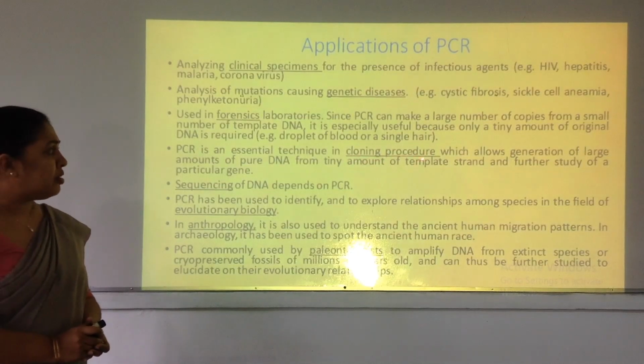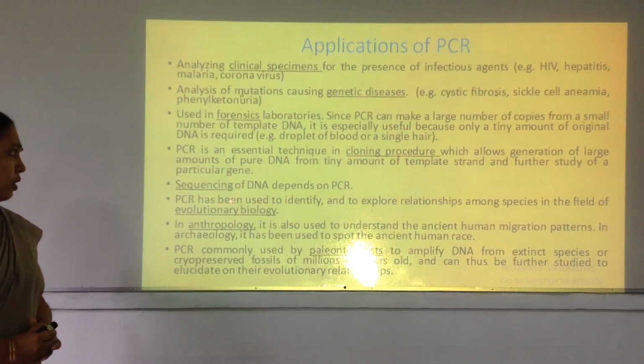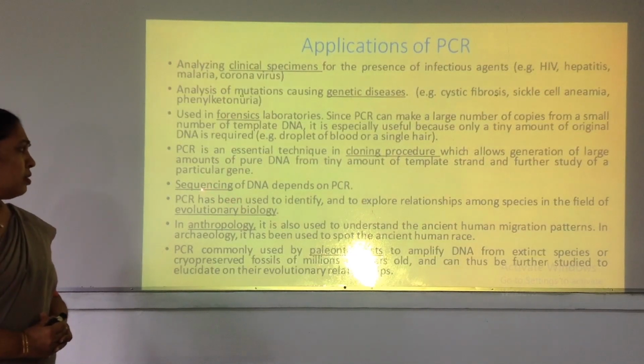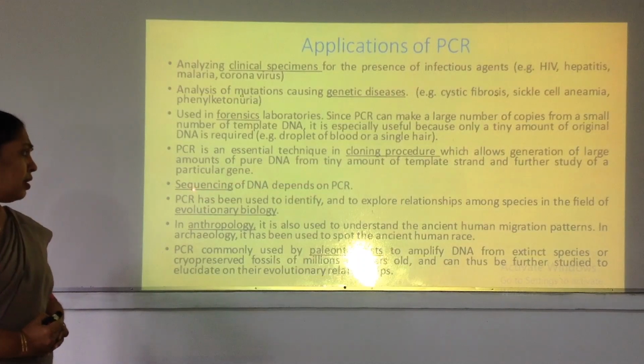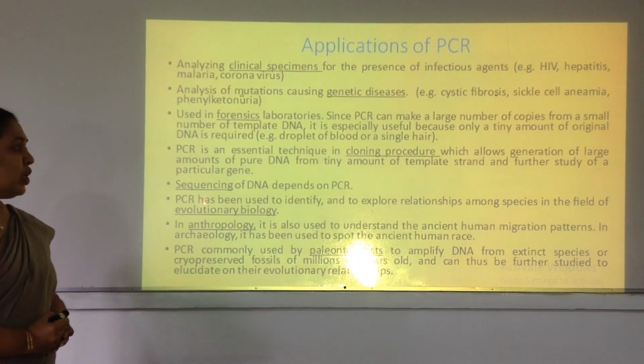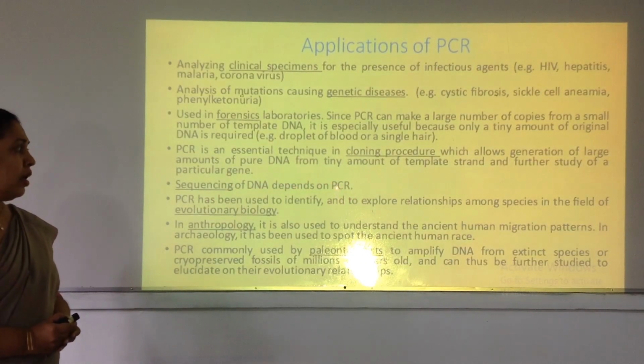So the cloning procedure is using the technique of PCR, and there's another molecular technique, DNA sequencing, and it depends on PCR. DNA sequencing is genotyping. It means typing the nucleotides. For that, a lot of PCR copies are necessary.